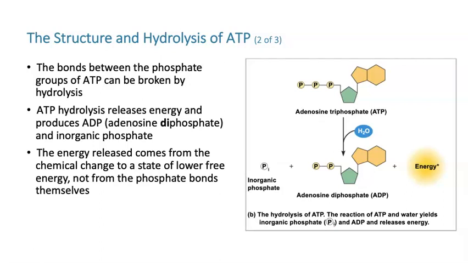Often it's symbolized in a circle, so you see that P in a little circle with a little lowercase i below it. That means it's inorganic, that it's not attached to a carbon. Remember that carbon is what qualifies things as being organic or not. So if it's all by itself, there's no carbon, it's inorganic.